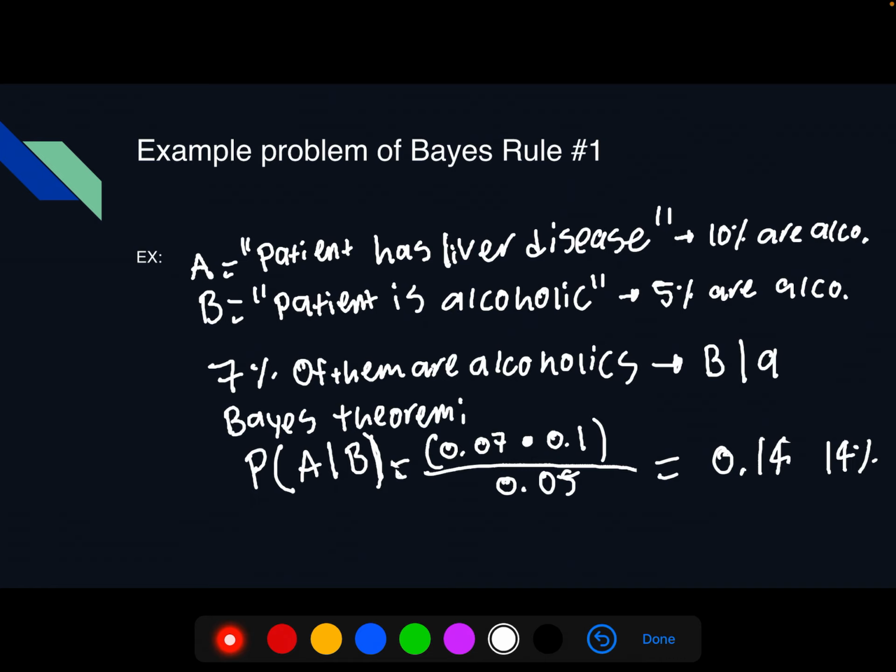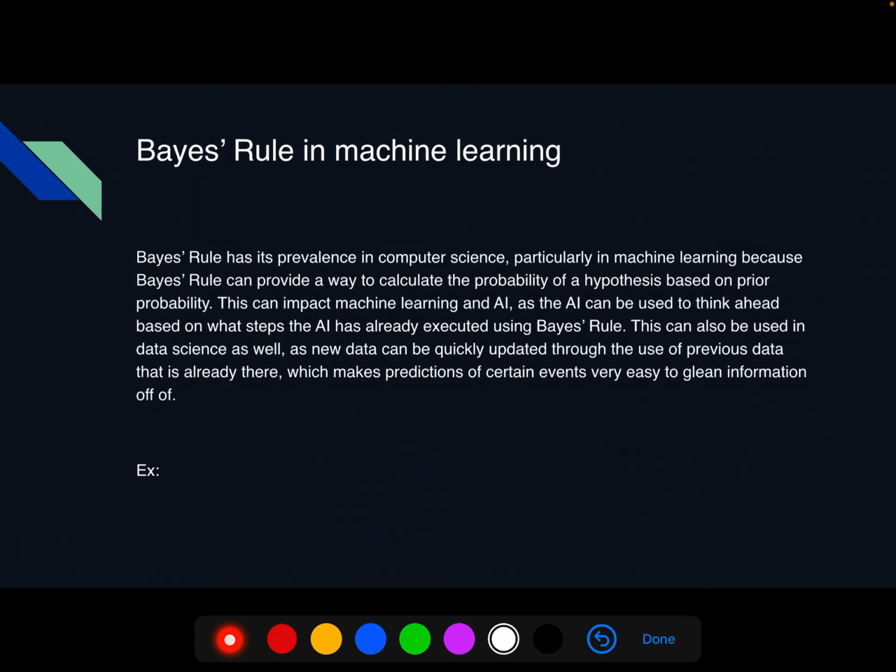This is an example of how Bayes' rule is being played into statistics. But there are many other uses for Bayes' rule, particularly in machine learning in computer science, because Bayes' rule can provide a way to calculate the probability of a hypothesis based on prior probability.